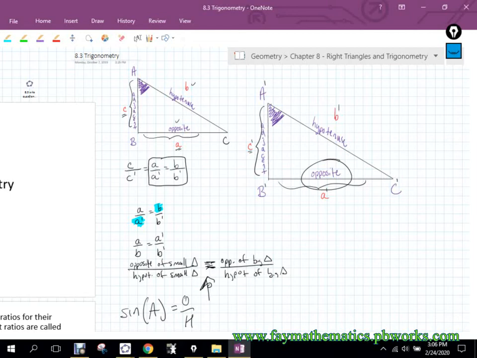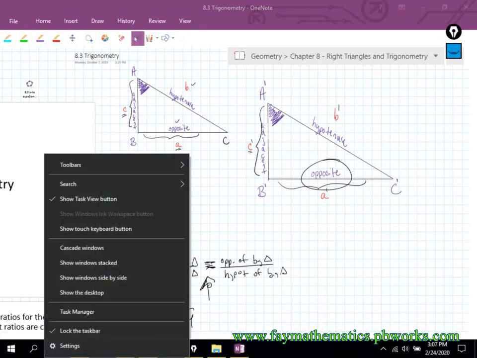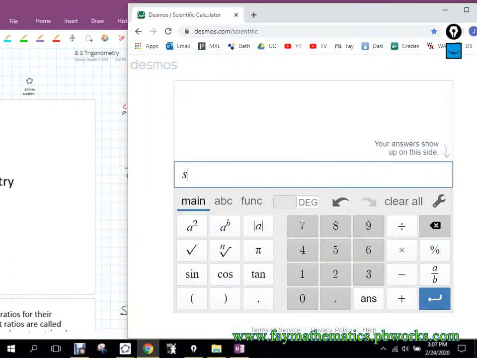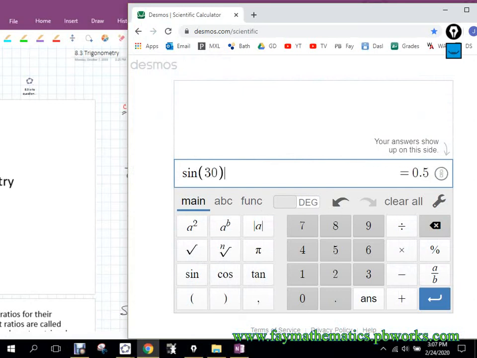Does that make sense? And that's what your calculator is programmed to know. When I type in sine of 30, it knows that the opposite side divided by the hypotenuse of any right triangle that has a 30-degree angle in it is always 1 to 2. It's always n over 2n. Does that make sense?